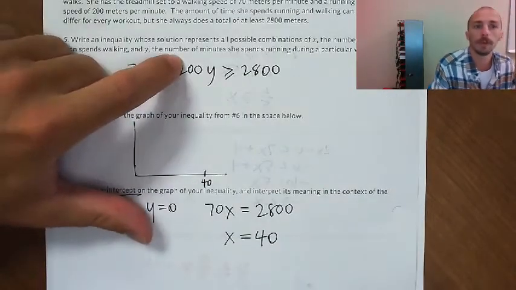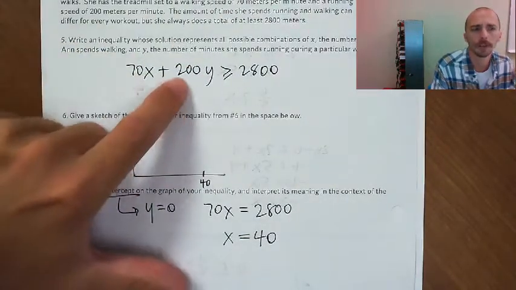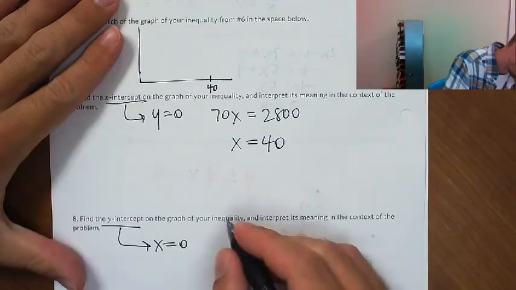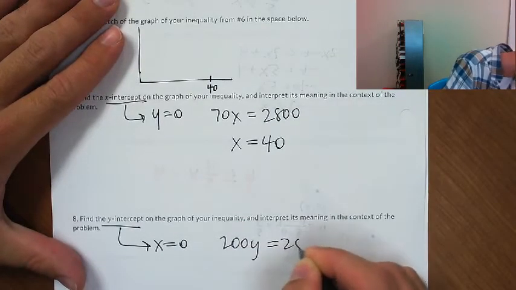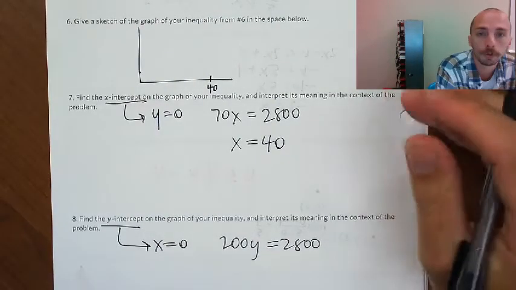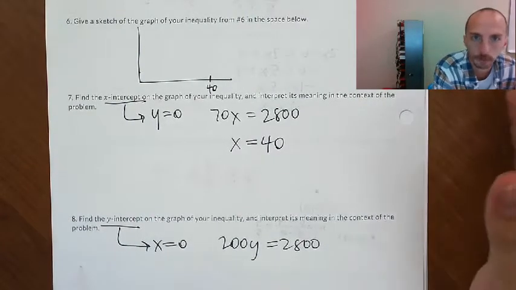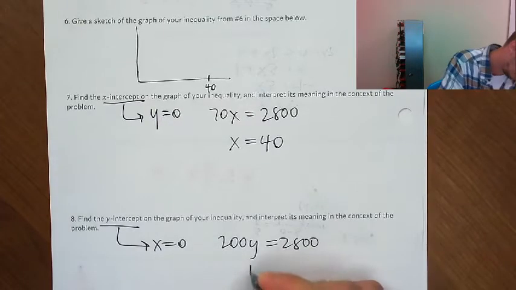So if x is equal to 0, I have 200y greater than or equal to 2,800, but the intercept is just going to be on the line itself, so I'll be looking at 200y equals 2,800. So 2 times 14 is 28, so 200 times 14 would be 2,800. And so y is going to need to equal 14.